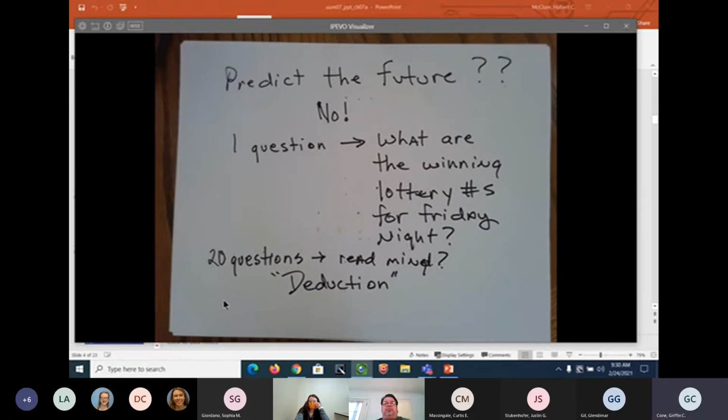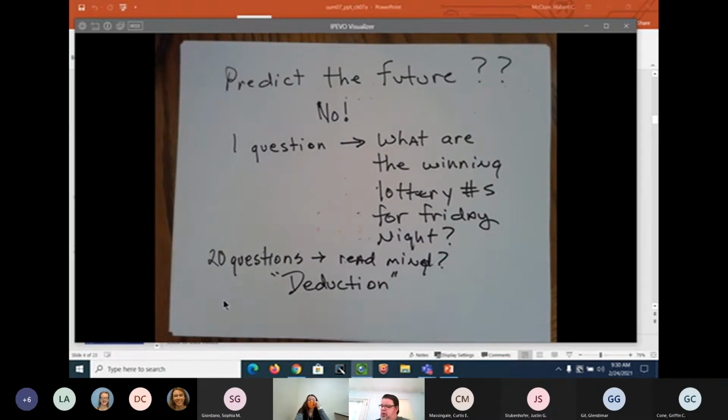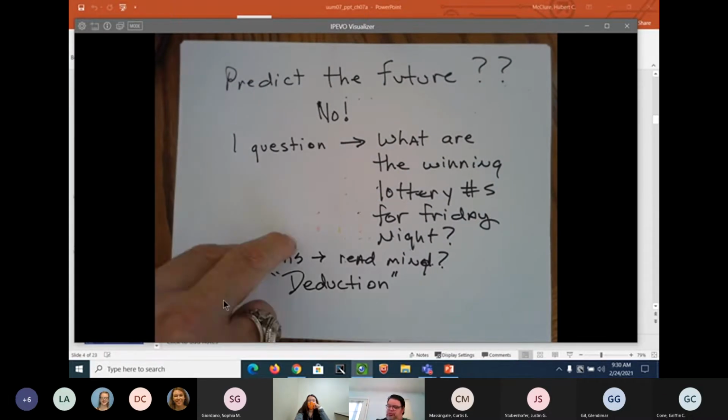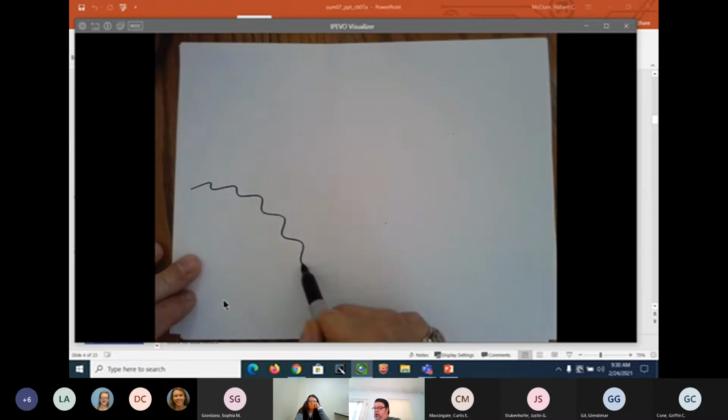What are people that tell you they can read your mind or they can tell the future really doing? They're using three or four things. How did I predict that the person, I'm going to show you this because I think it's important for you to see this. This is what we call West Anderson.